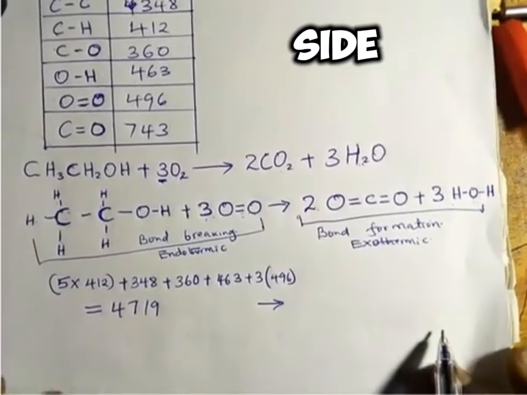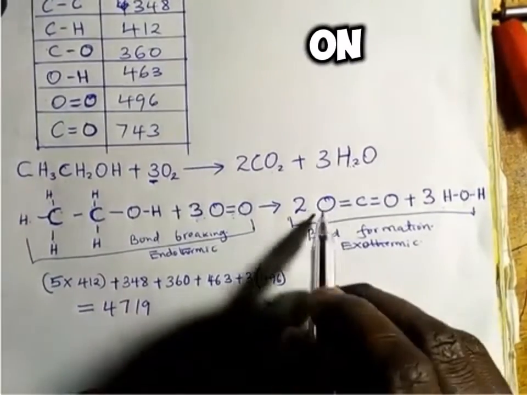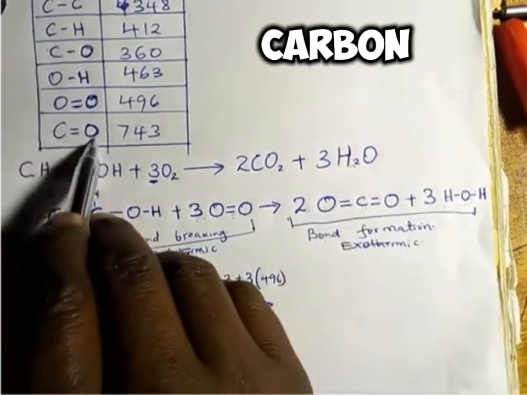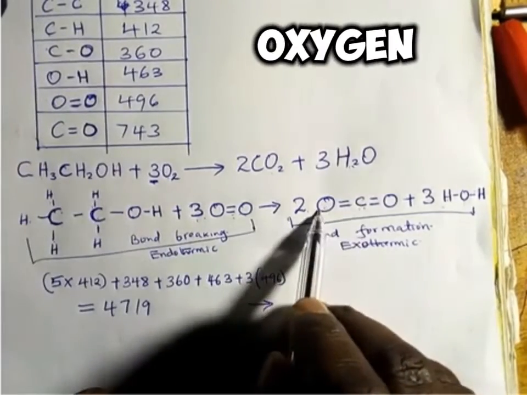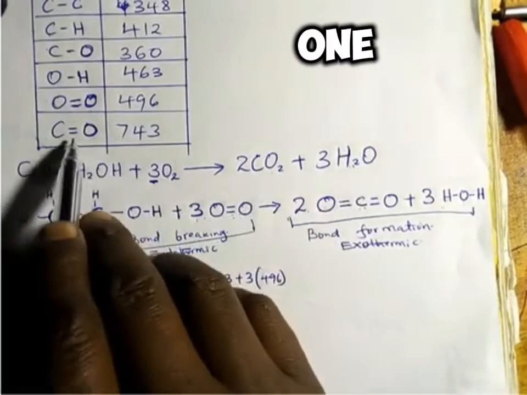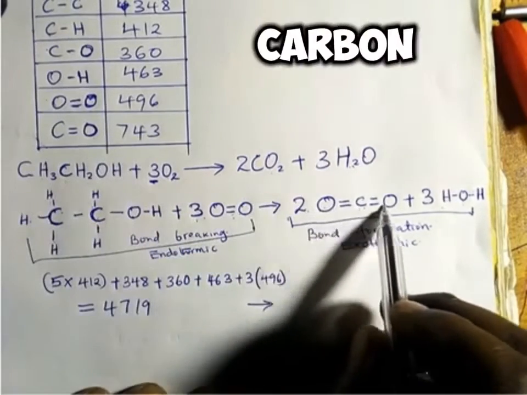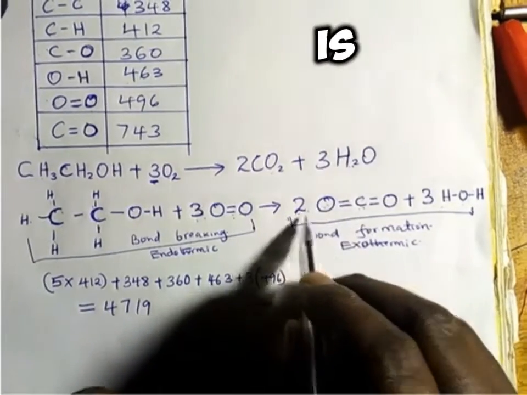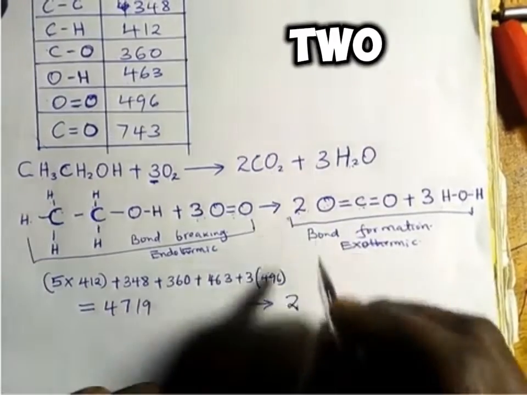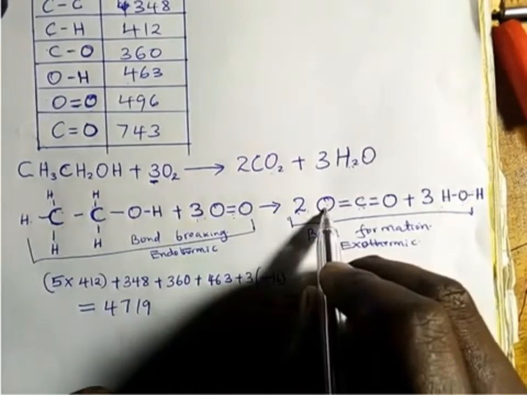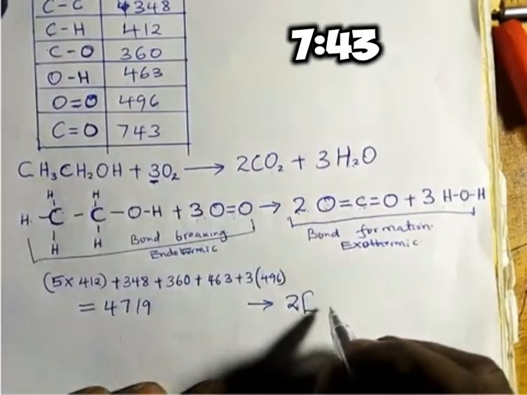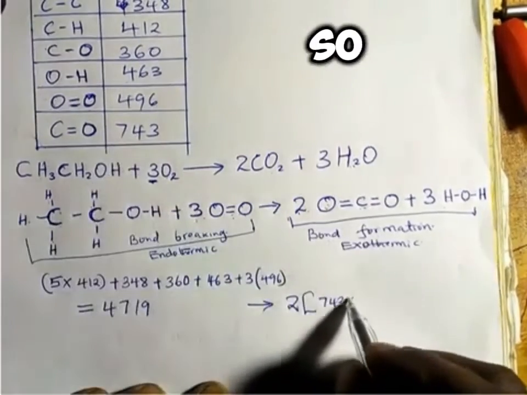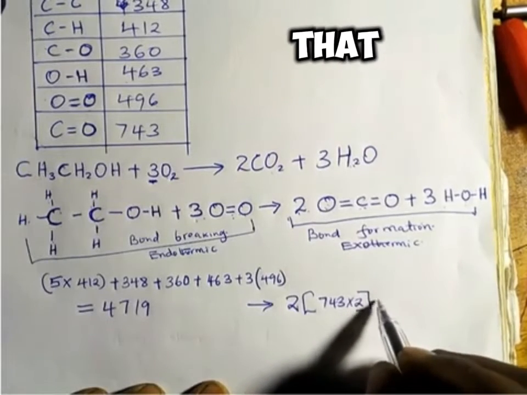Now we are on the right side, bond formation. The first bond is carbon oxygen. Whether it is oxygen carbon or carbon oxygen is the same thing. We have two of them already in each carbon dioxide, so 2 times 2, which is 4. So we put 4 times carbon oxygen, 743.